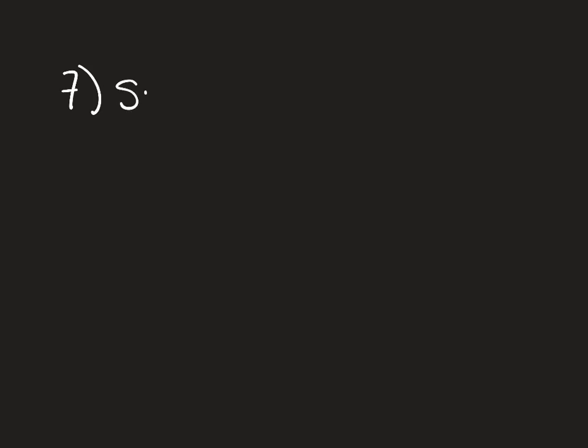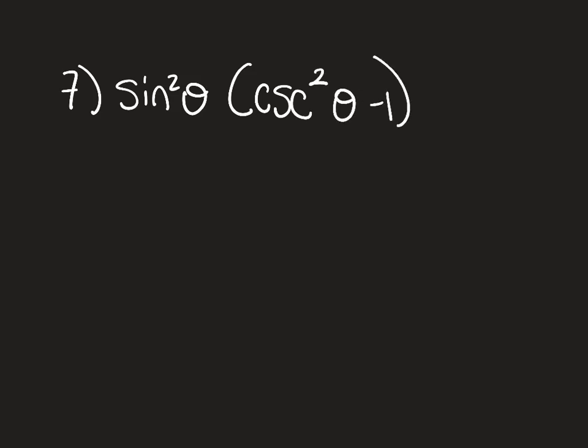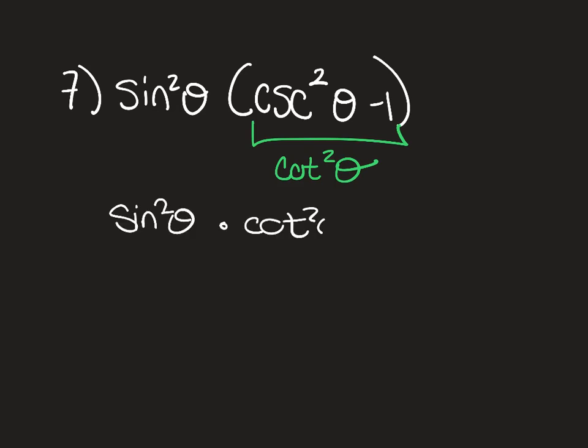Number 7 says I have sine squared theta times cosecant squared theta minus 1. If you remember back to the first problem I did, number 5, we proved that this thing right here was equivalent to cotangent squared theta. So I'm going to write sine squared theta times cotangent squared theta.